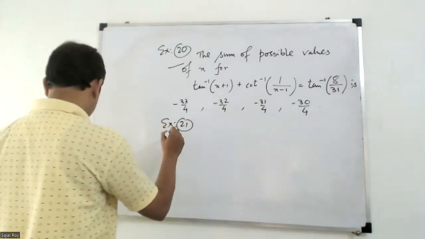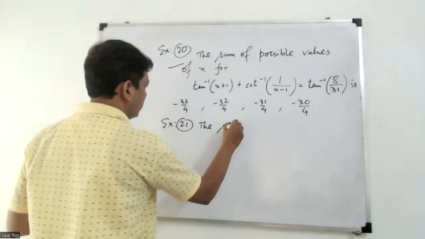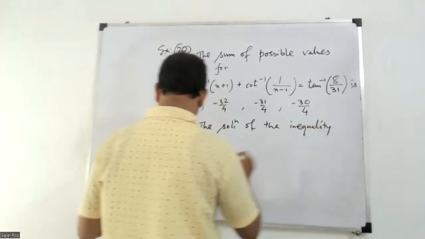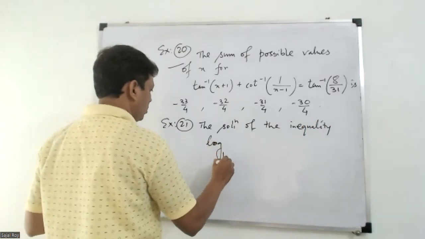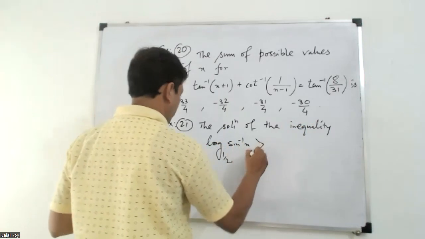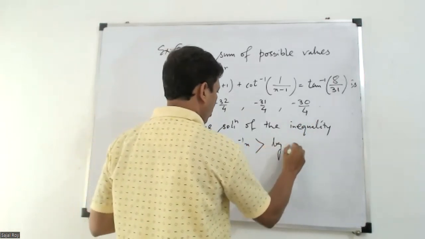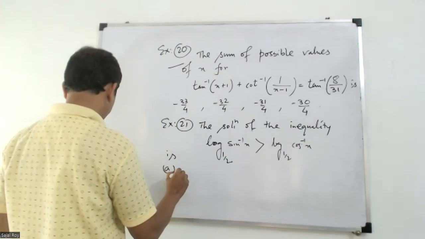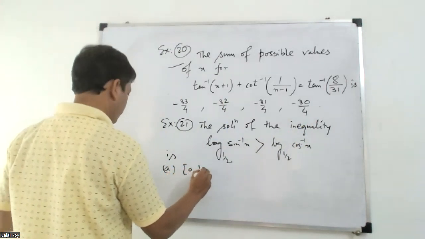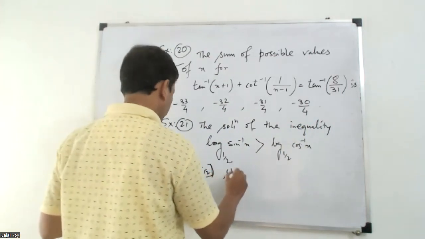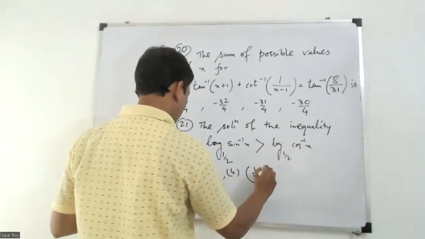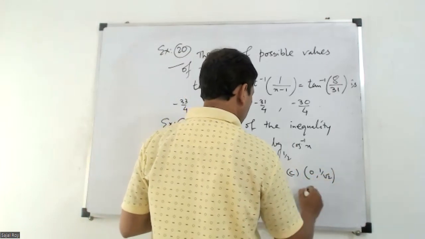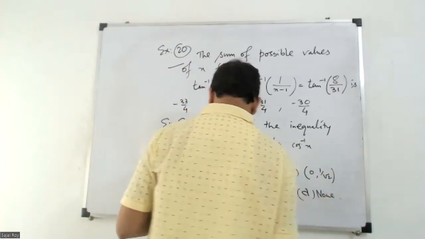The solution of the inequality log half sin inverse x more than log half cos inverse x is: option A, 0 to 1 by root 2 closed bracket; option B, 1 by root 2 to 1 closed bracket; option C, open bracket; and option D none. You can try this also.